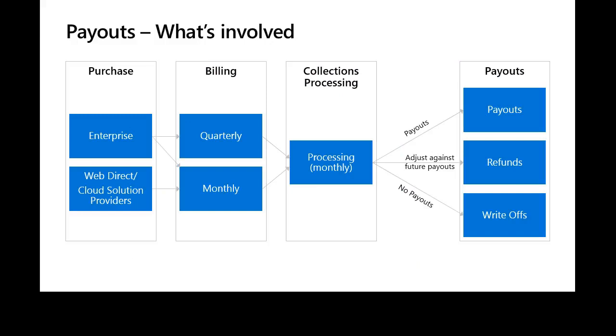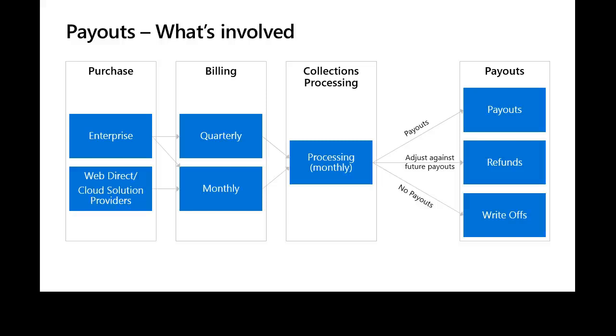Moving on, another important operational aspect is how we process payouts to you for your revenue share. Your offers are available to be purchased by our enterprise customers, as Brian covered, our small and medium businesses via the large enterprise agreements they have with Microsoft, direct customers who purchase via our storefronts, called web direct customers, and if you have opted in for our cloud service providers to resell your offer, it's also available for our CSPs to purchase to be sold to their end customers.